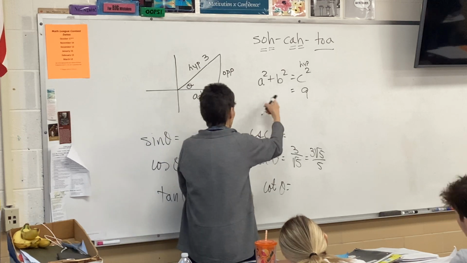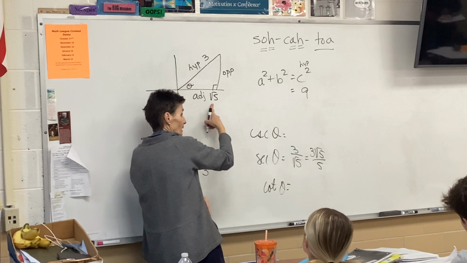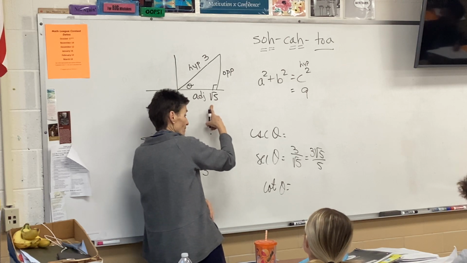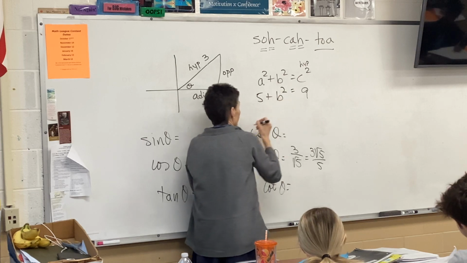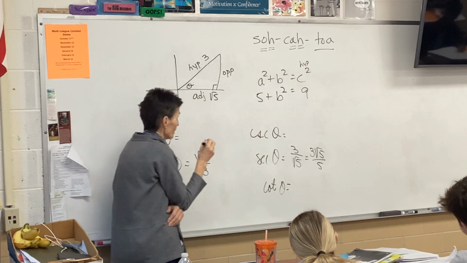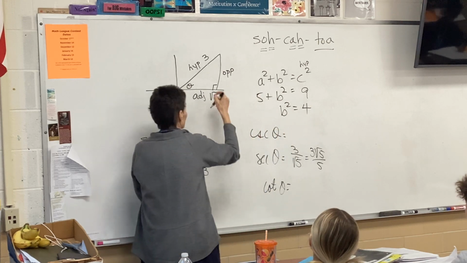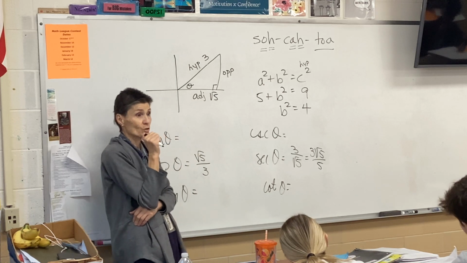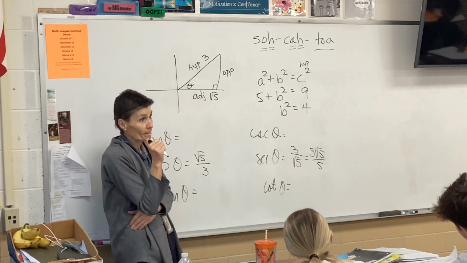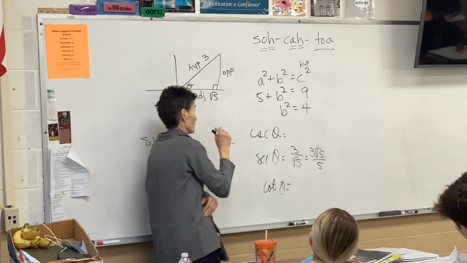Now no one cares what a and b are. Root 5 squared. What's square root of 5 squared? 5. So it looks like, what's that missing side going to be? 4. No, not 4. 2. Remember, everything's squared in the Pythagorean theorem. So when you put it in your picture, you have to square root it. So use 2.